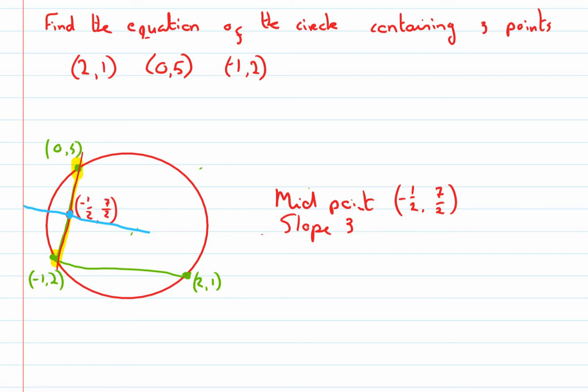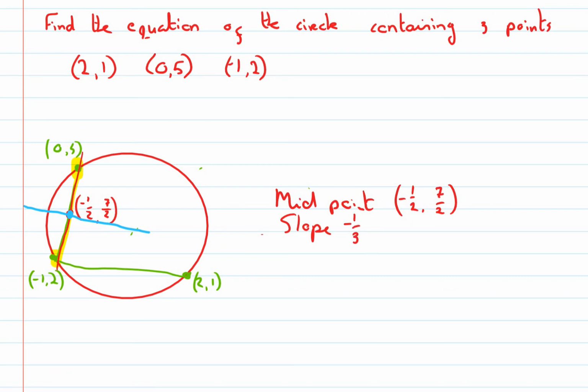So in order to find the slope of a line perpendicular to a line, I turn the slope upside down and I change the sign. So the slope was 3 of this chord, so I'll say 3 over 1, turned upside down, 1 over 3, change one of the signs, minus 1 over 3 then. So the slope is minus 1 over 3.